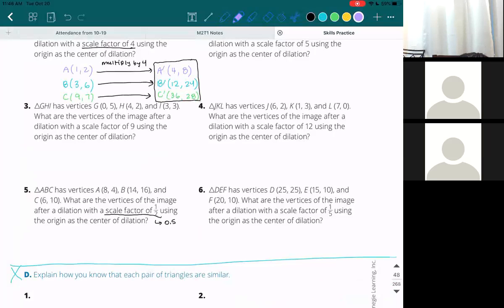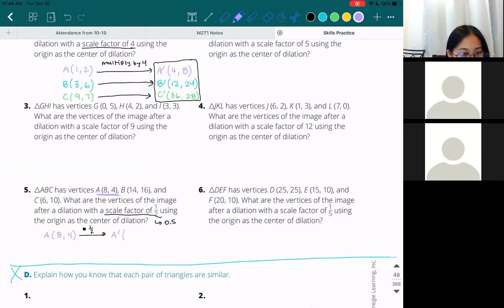Let's underline A. A is 8, 4, and we're going to multiply by our scale factor of 1/2. So I'm just going to write multiply by 1/2, aka 0.5, whichever one you are more comfortable with.